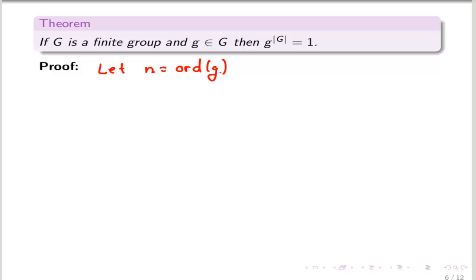And so we proved a theorem that says this exists. That there is some exponent that gives us 1, and not only does it exist, it's a divisor of the group order.